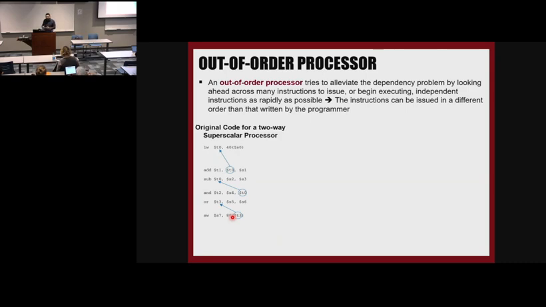Right? Still we need to stall. Because these two instructions are going to be executed in the first clock cycle, and then when it goes to the next clock cycle, we still have dependency. Right? Okay, so what should we do? What do you think we should do?